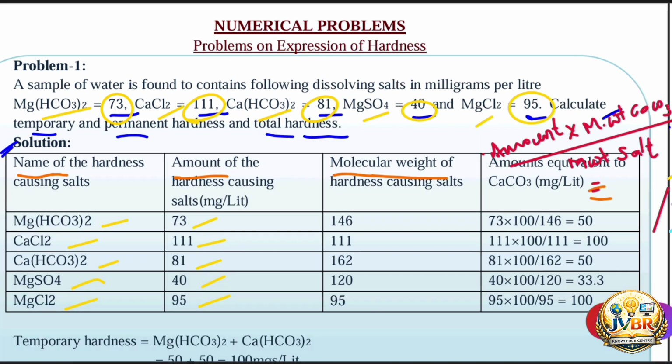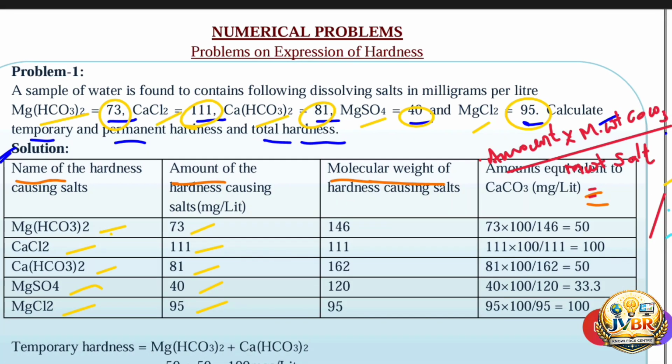Now write the molecular weights of the given salts. Molecular weight of magnesium bicarbonate is 146, calcium chloride 111, calcium bicarbonate 162, magnesium sulfate 120, magnesium chloride 95.